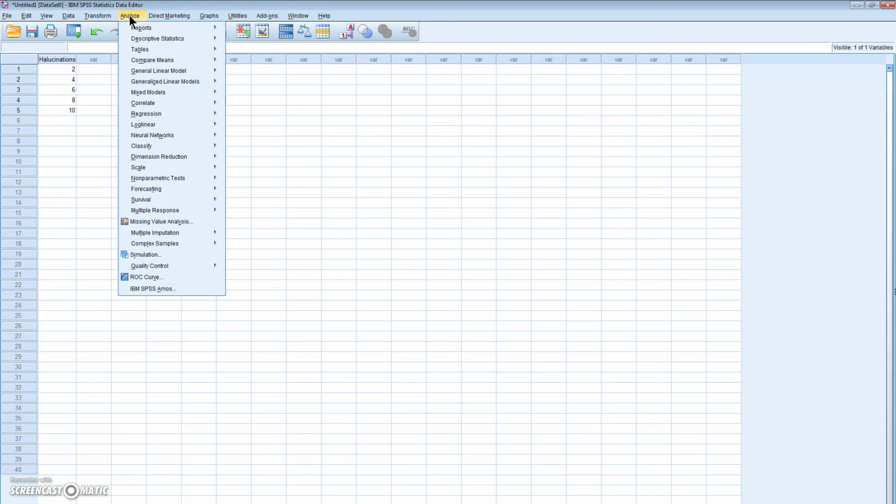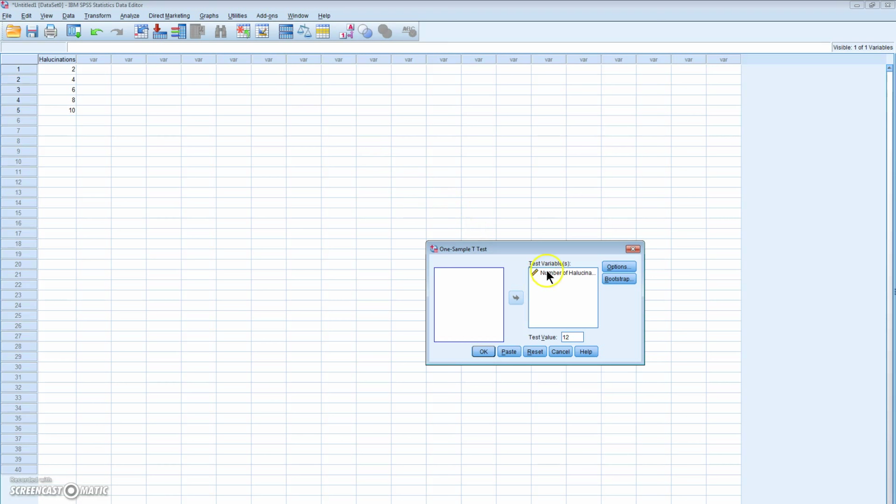So to conduct a single sample t-test, you have your data for the sample mean. What you want to do is click on Analyze, go to Compare Means, and then instead of single sample, SPSS calls it one sample t-test. Click on one sample t-test. In this case, you'll have your data for your sample here.